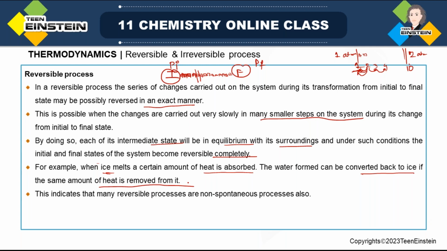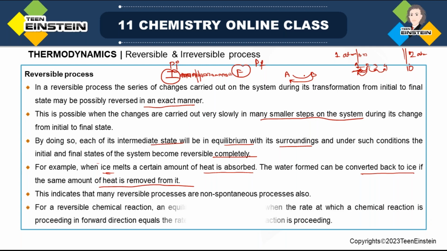So when it is dynamic equilibrium, the movement from initial state A to final state B and the movement in the reverse direction, both are going on simultaneously and it is not stopping. That is why we call it dynamic equilibrium. Fine. So you can associate it with reversible processes.